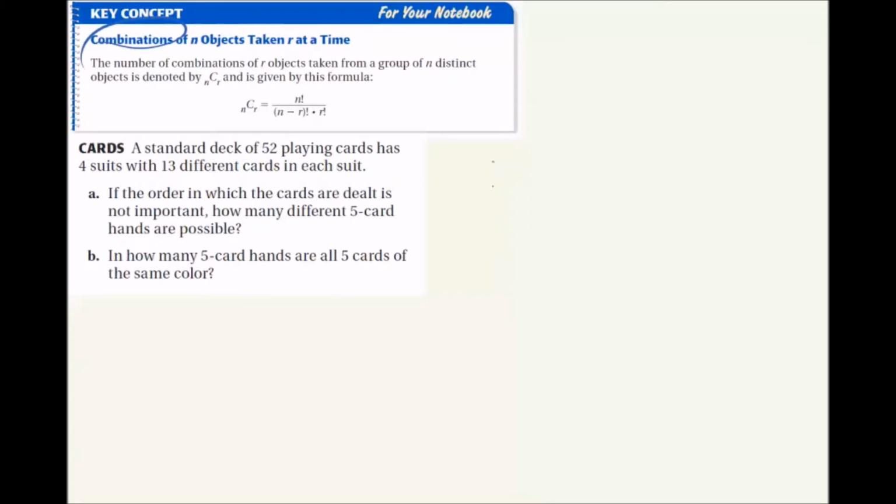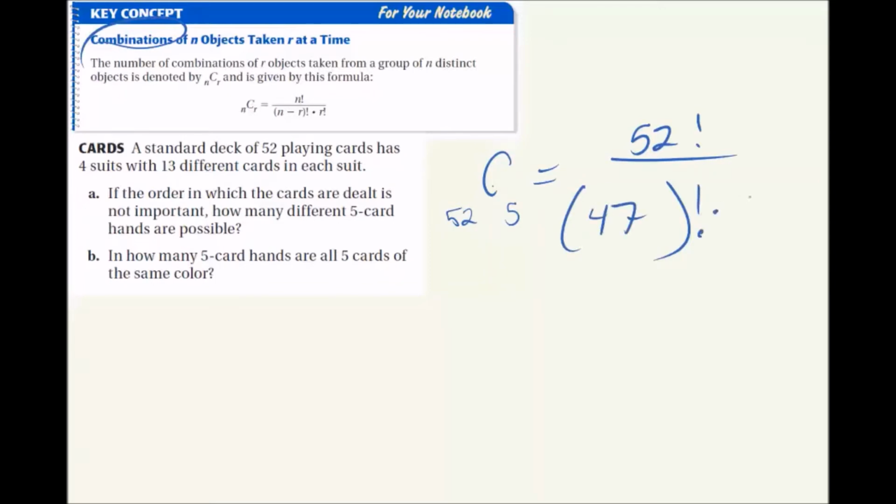And to set up the equation, we're going to say there are 52 cards, and we're going to get a hand of 5 cards. So n is 52, r is 5. That's equal to 52 factorial divided by (52 minus 5) factorial, which is 47 factorial, times 5 factorial.